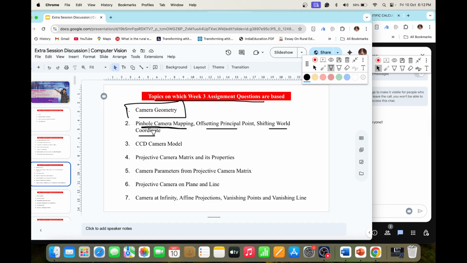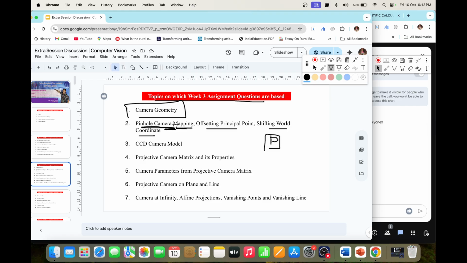There is something known as the camera matrix: the intrinsic camera matrix and the extrinsic camera matrix. Together they form a projection matrix, which we denote by P. If we multiply the intrinsic camera parameters and extrinsic camera parameters, we get the projective camera matrix. That projective camera matrix is very important.